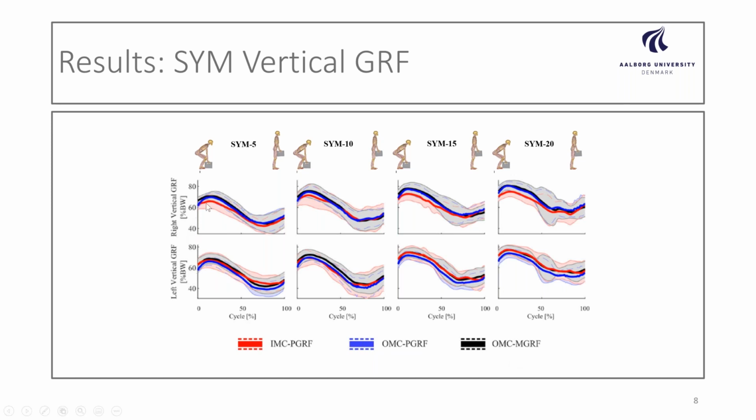And just visually inspecting the figures, we can see the two optical models, the blue here with the prediction of ground reaction forces and the optical model with measured ground reaction forces, agree best. And that's going to be the general finding of all the figures I'm going to show later on. So I'm not going to highlight this agreement again. I will focus more on the inertial motion capture model and the reference silver standard.